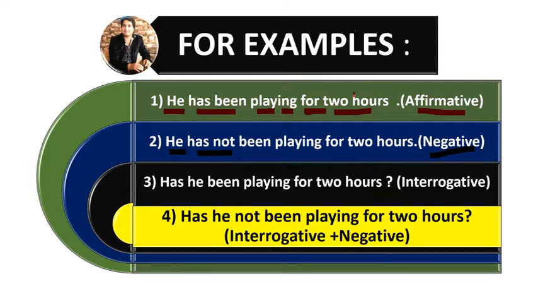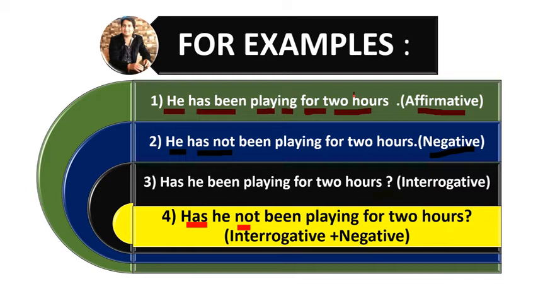Now when I talk about interrogative negative, it has two important things, that is has and then not. Has is a helping verb, and when has is outside the sentence, the sentence automatically becomes interrogative. And also there is the use of not. So the sentence is both interrogative plus negative: Has he not been playing for 2 hours?